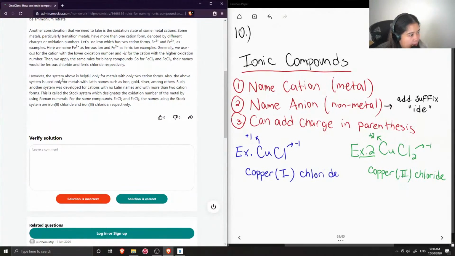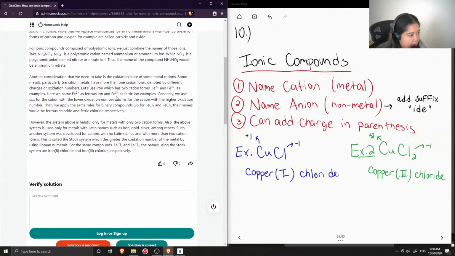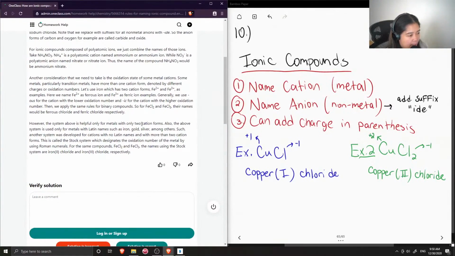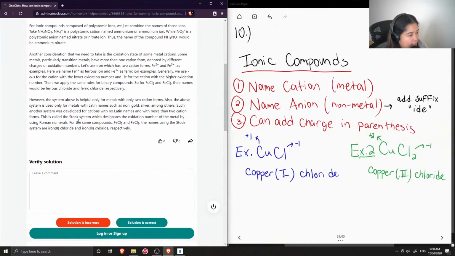However, the system above is helpful only for metals with 2 cation forms. And it's only used for metals with Latin names such as iron, gold, silver. So another system was developed, and this is the Stock system, which designates the oxidation number of the metal by using Roman numerals.